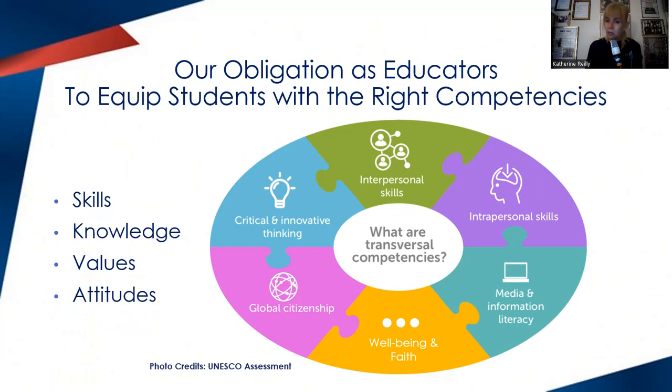We have well-being and faith, belief in something, being healthy, and of course, we're talking about physical as well as mental health. Global citizenship, we are talking about globalization. We are all members of a universal society. There should be respect towards one another, and of course, understanding, and of course, critical and innovative thinking.